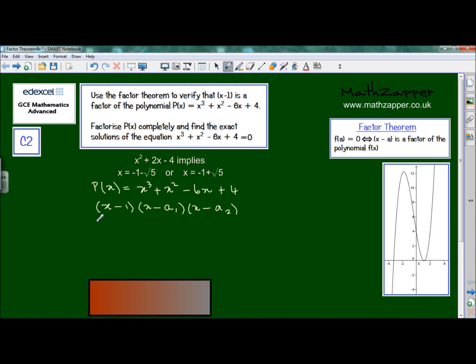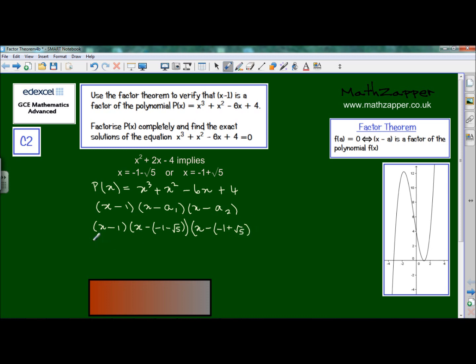So the factors are going to be x minus 1, and then we go to here, which says x equals minus 1 minus the square root of 5. So the other factor will be x minus a, because a has to equal that, which is minus 1 minus root 5. And then that will be multiplied by x minus a2, which is x minus 1 plus root 5.